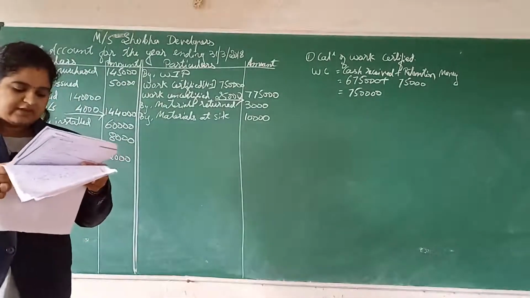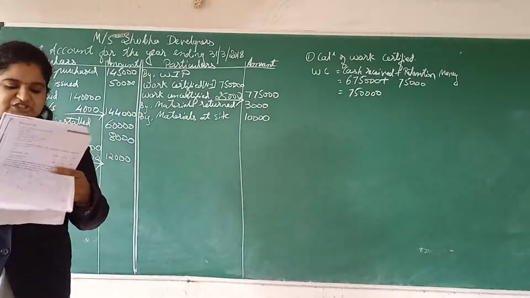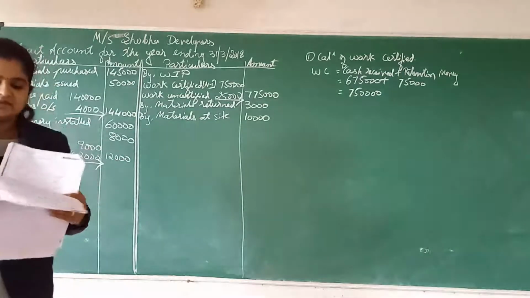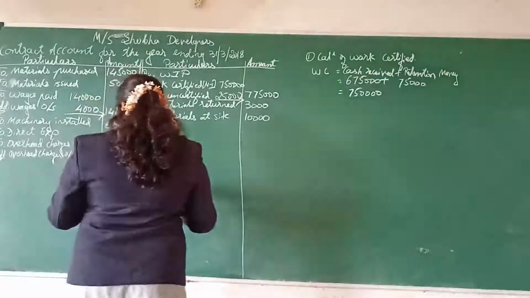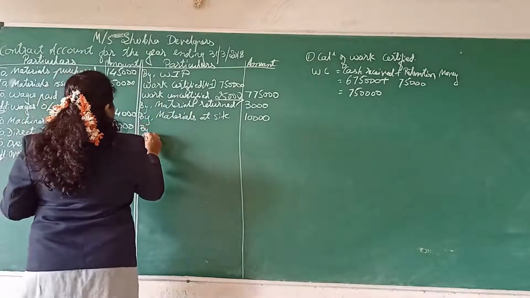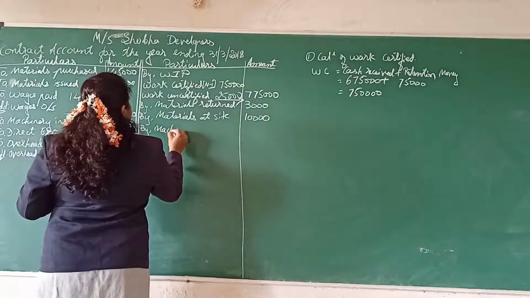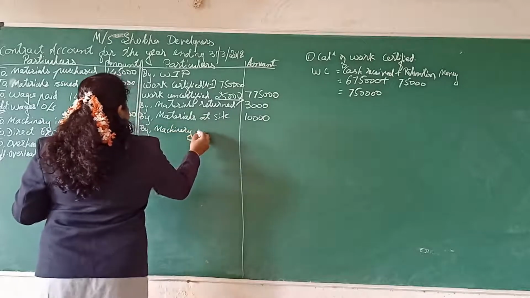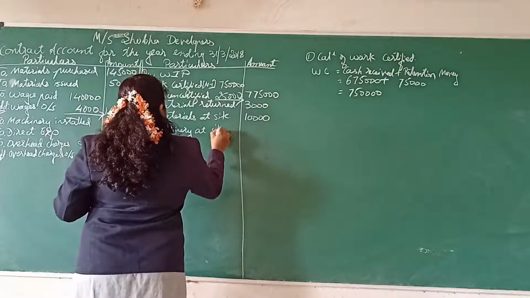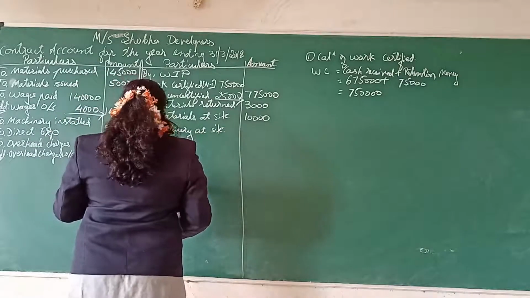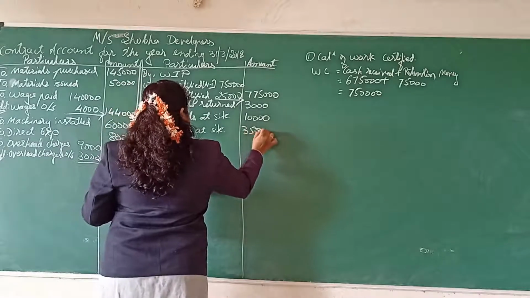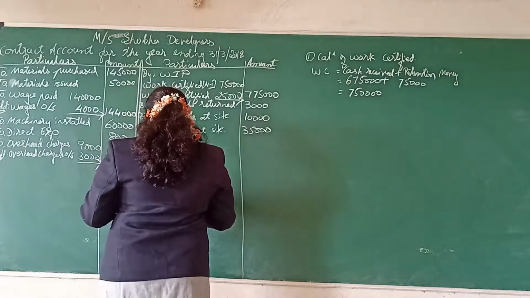Now next what they have given is machinery at site at end is 35,000. Credit side by machinery at site. Amount is 35,000.